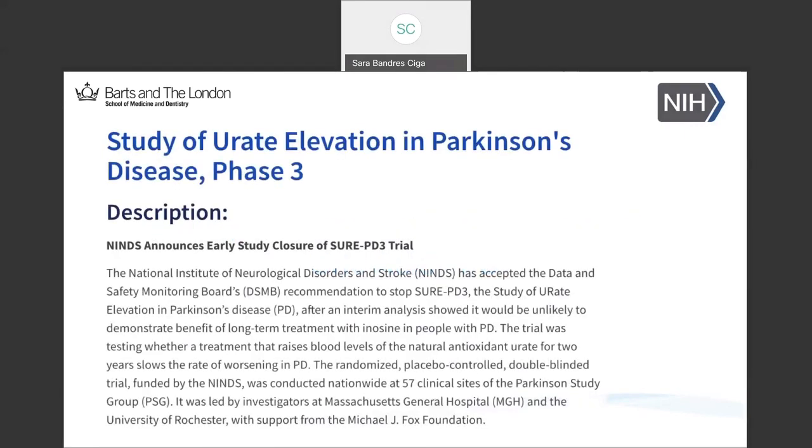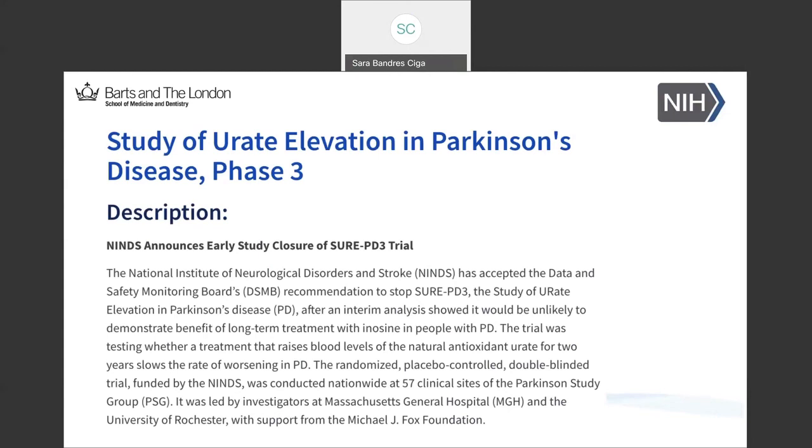So some of you might remember this study, the SURE-PD3 trial. It was a study of urate elevation in Parkinson's disease. This was a randomized, placebo-controlled, double-blinded trial funded by the NINDS, in which so many clinical research sites were involved. The main goal of this study was testing whether a treatment that raises blood levels of urate could have any protective effect on Parkinson's disease progression.